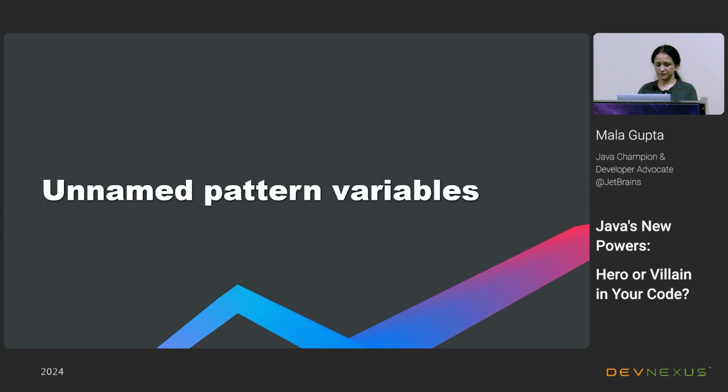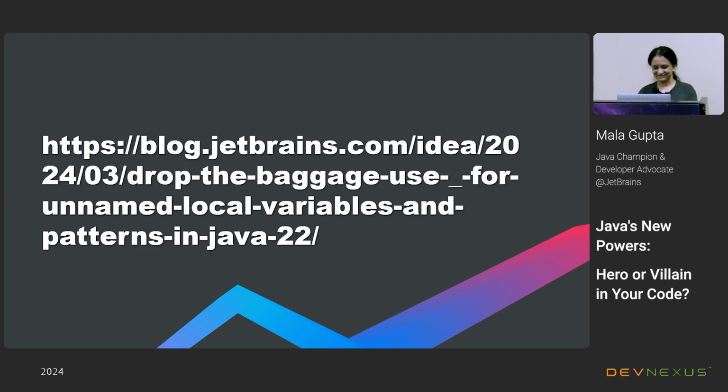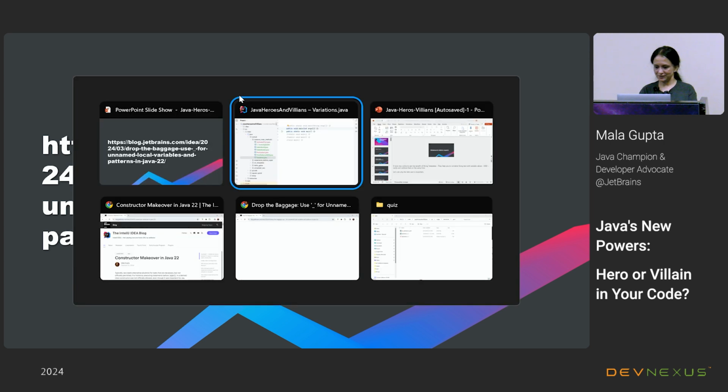And okay, so now we have unnamed pattern variables. Has anyone used pattern variables before? Oh God, okay, just one, okay, 2, 3, 4, but I did not include the other slides, oh my God. Okay, so let me go to the link which I have mentioned here.